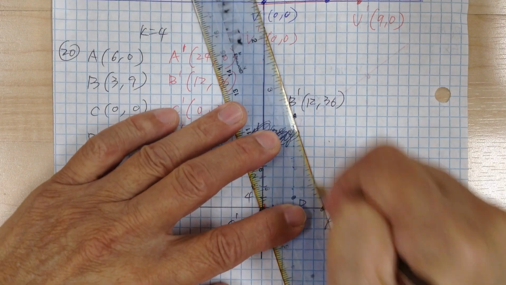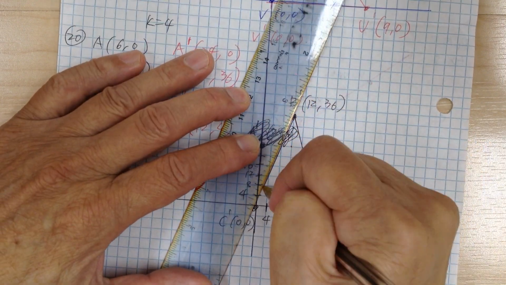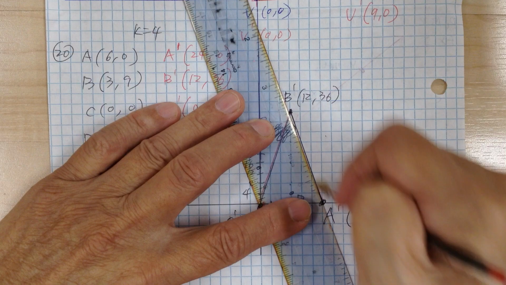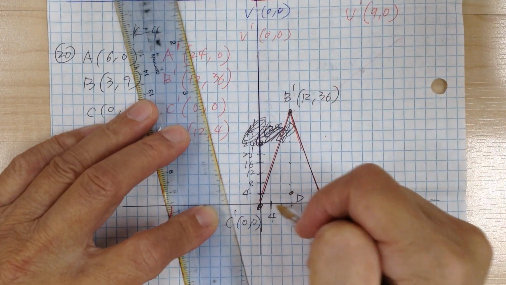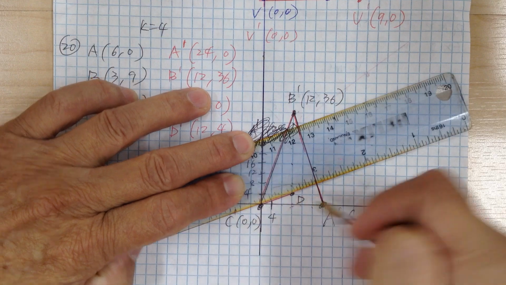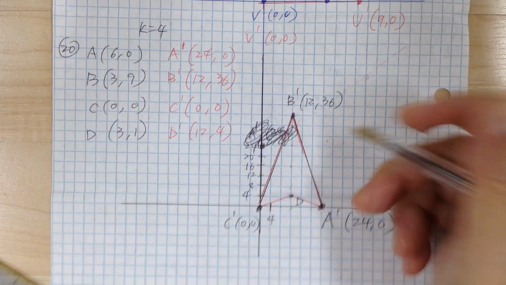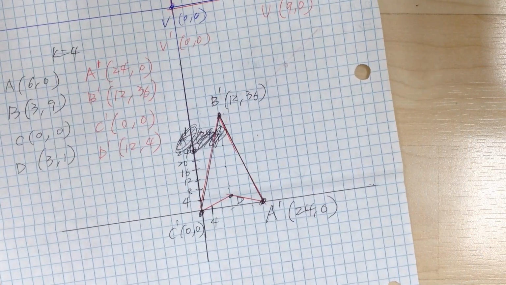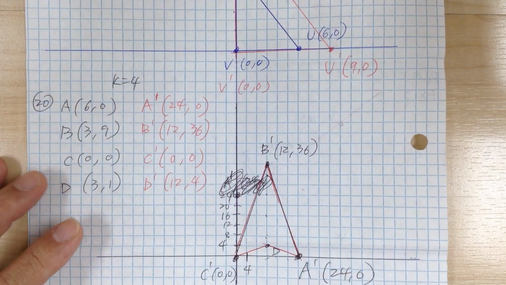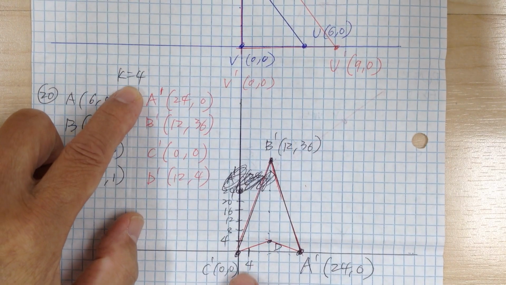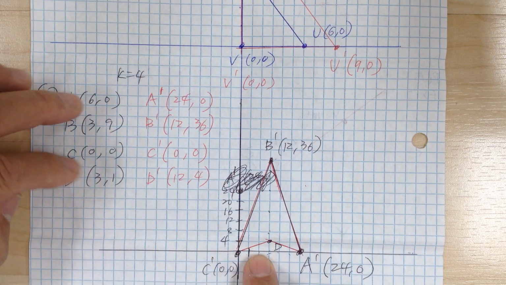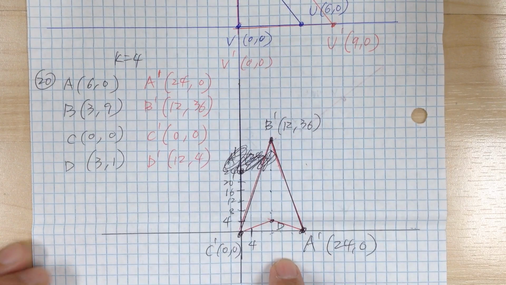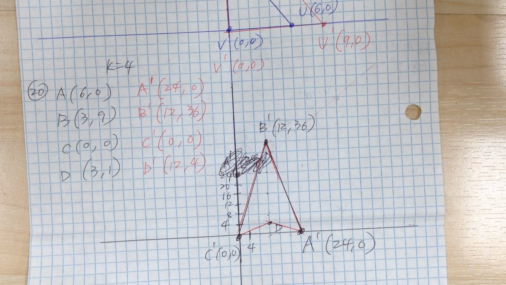So it'd be from A to B, from B to C. Okay, A, B, C, and go to D. So when you plot, again, watch out for your X and the Y. And again, notice if you do it smartly, if K equals 4 and you make every square equal to 4, then this would be the number of squares that you're using, and it makes things a lot easier to plot. Okay, let's go to number 21.